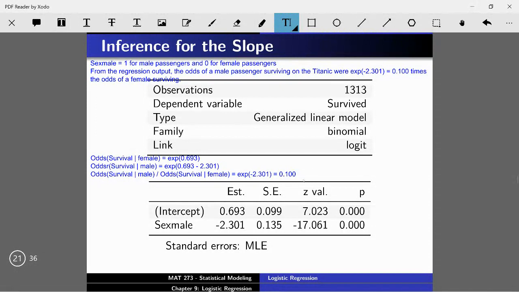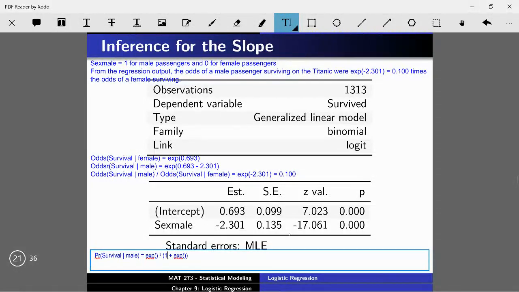And if we want the probability of a male surviving or the probability of a female surviving, you just have to use the inverse logit function. For example, it might be helpful if I just show probability of survival given male. That's going to be equal to e to the odds over 1 plus e to the odds.